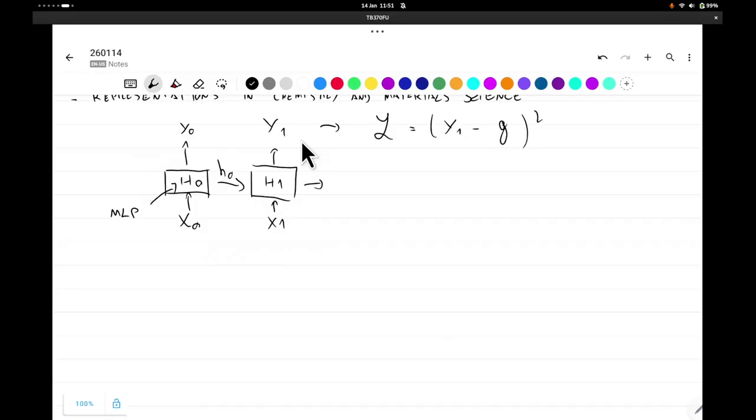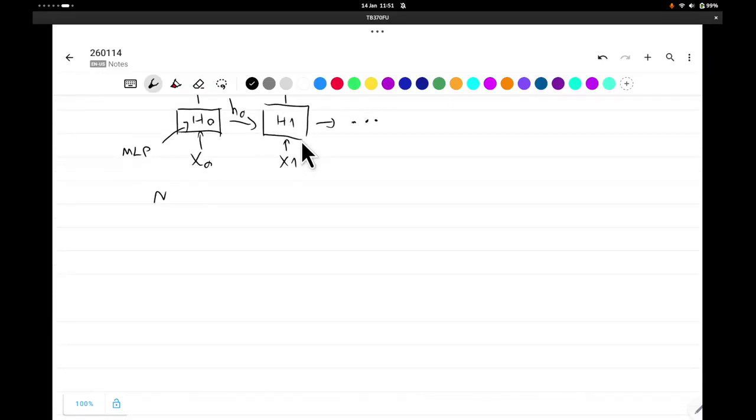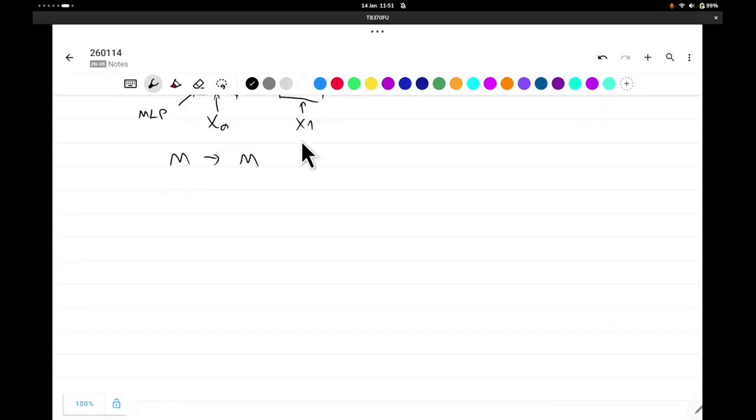So this is iterated over and over. And then we were focusing more specifically on the so-called many-to-many architecture of the network.